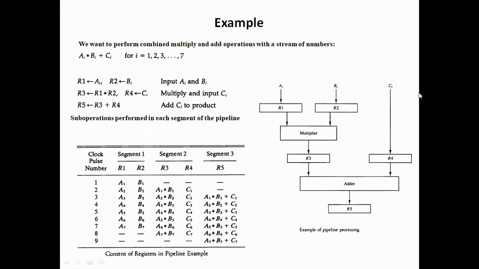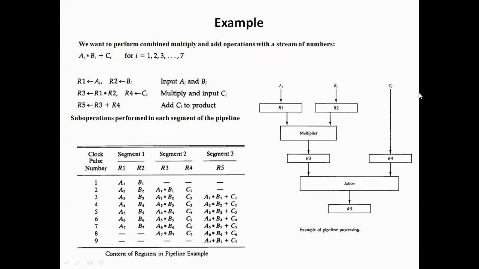Why has this name been given? Because this concept is similar to that of an industry assembly line. If we look at an industry assembly line, it has many segments and things happen like that. Some assembly has been done in the first segment, then it is moved to the second level of assembly.